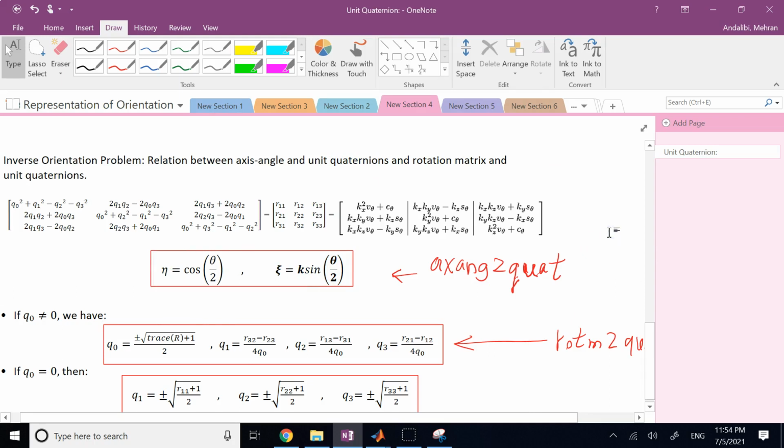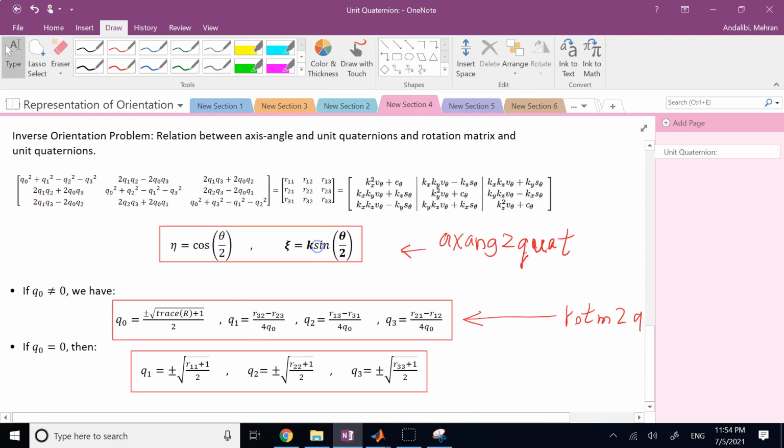Well, all that it comes from in this inverse orientation problem is, let's compare the rotation matrices. This is the R of k and theta. This is what you pre-multiply by r to give you r rotated.